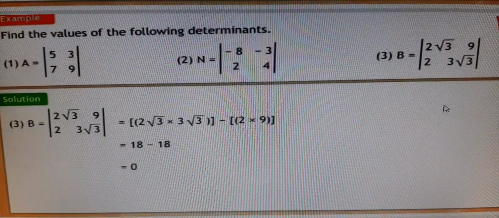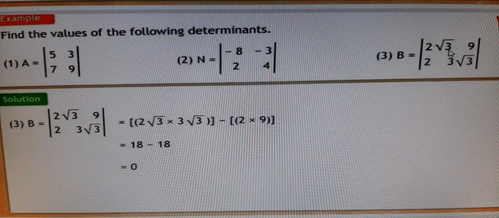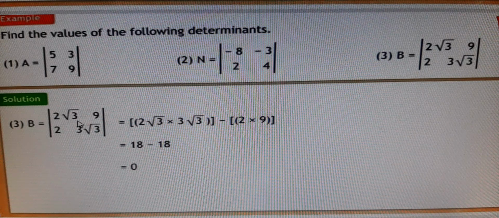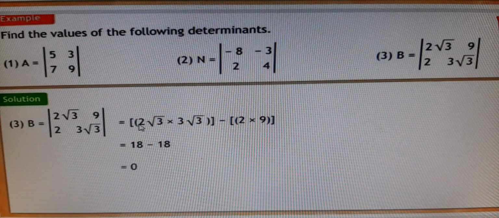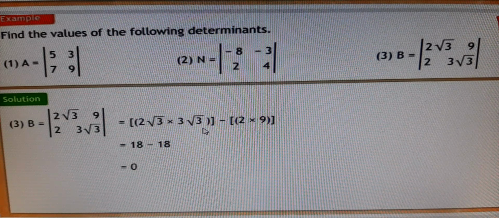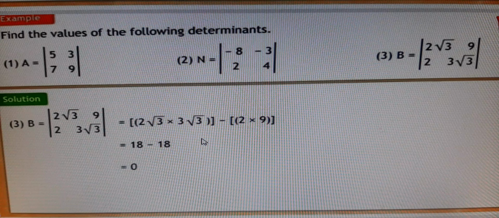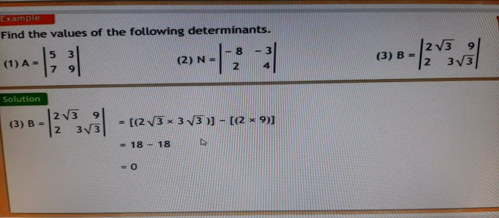Again, see here the third example B, 2 root 3, 9, 2, 3 root 3. Don't be confused about the root 3. It is also simple. In the same way, cross multiplication, 2 root 3 multiplied by 3 root 3. First we multiply the numbers, 2 into 3 becomes 6, and root 3 into root 3 becomes 3, because root 3 into root 3 means root 9, and root 9 is again 3.